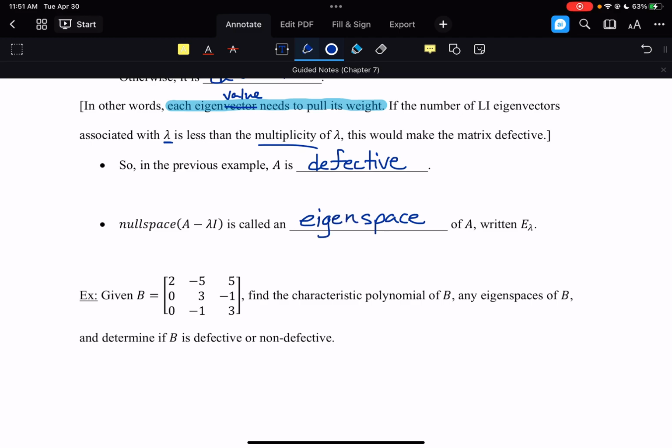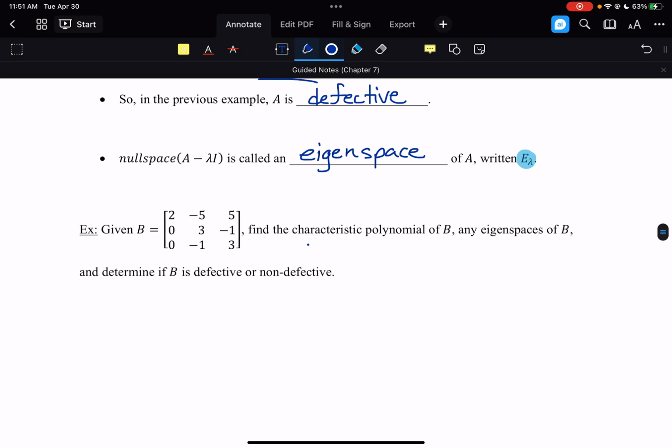An eigenspace is just a null space of specifically the A minus lambda I matrix. The notation we use for this is E sub lambda. So let's take a look at an example.